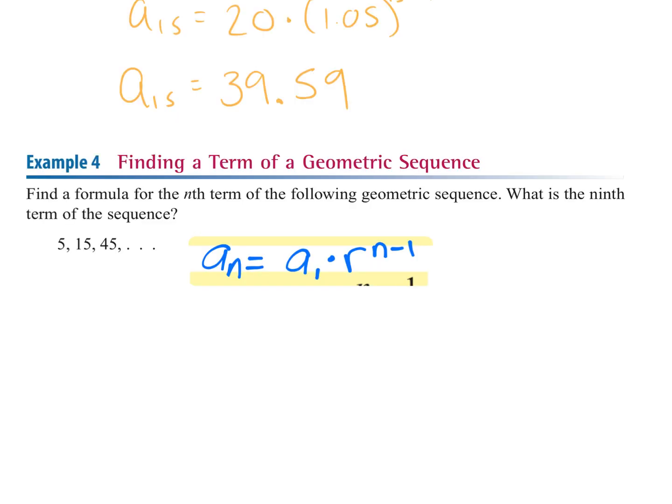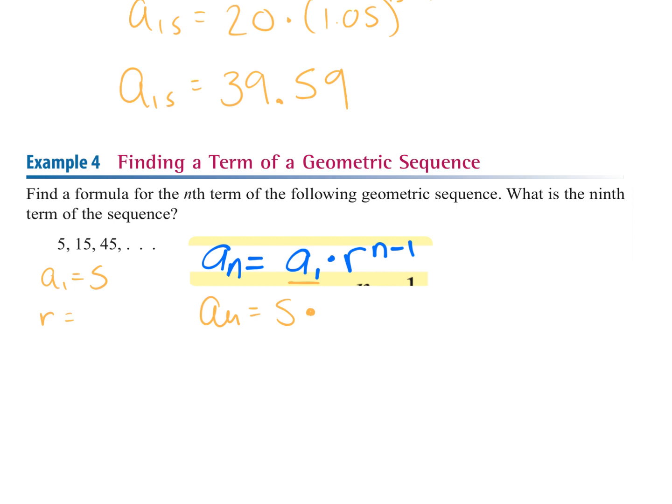All right, example 4, we have to find a formula for the nth term of the following geometric sequence, and it says, what is the 9th term of the sequence? We've got to come up with our formula and the 9th term. So let's start with our formula. A sub n is equal to, what's our first term, a sub 1? A sub 1 would be 5, times, what would r be? 3.